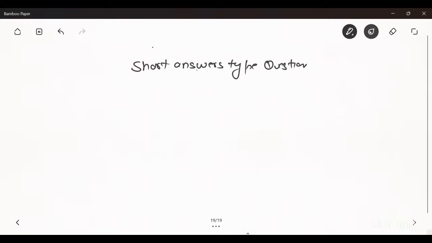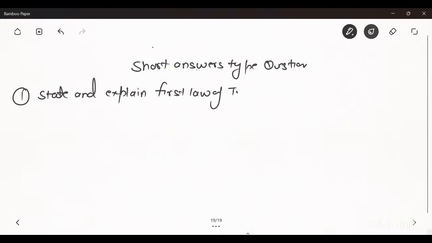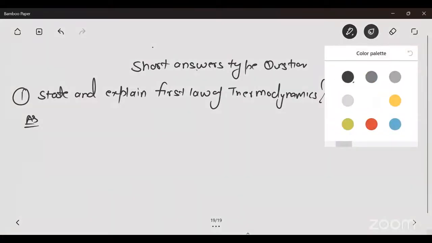Now, the first question is: state and explain the first law of thermodynamics. What is the first law of thermodynamics? I have discussed it in the class in the previous revision sessions.